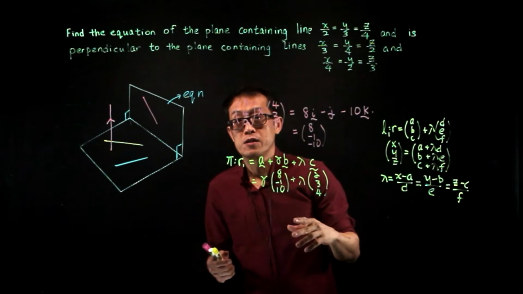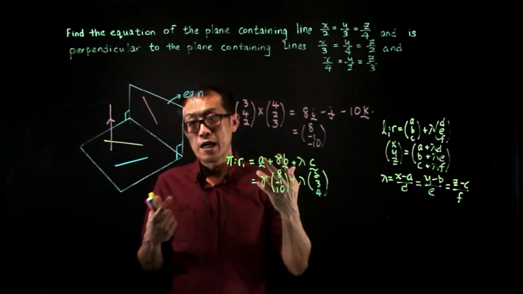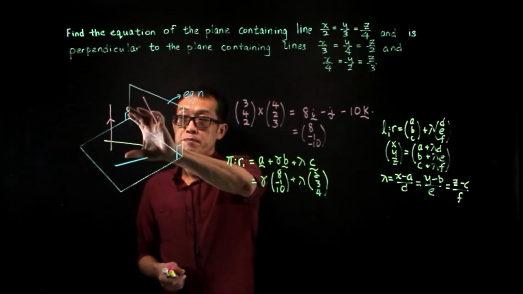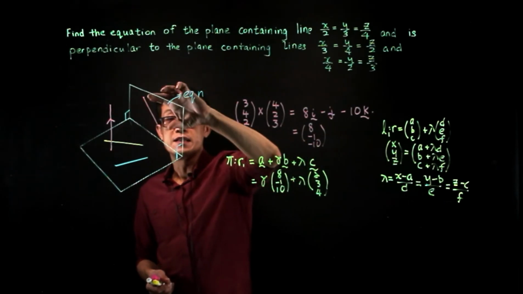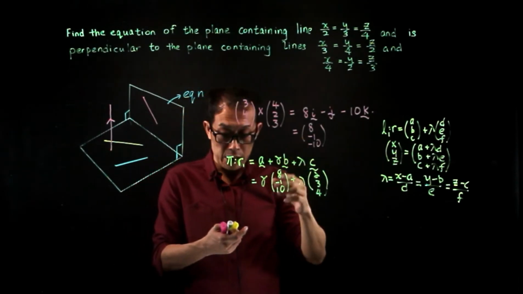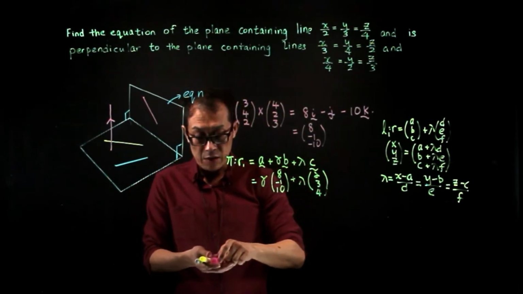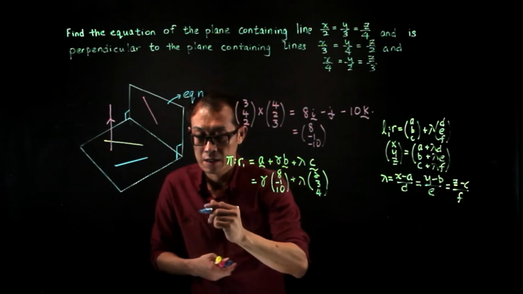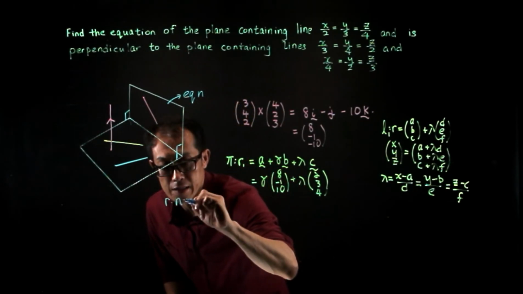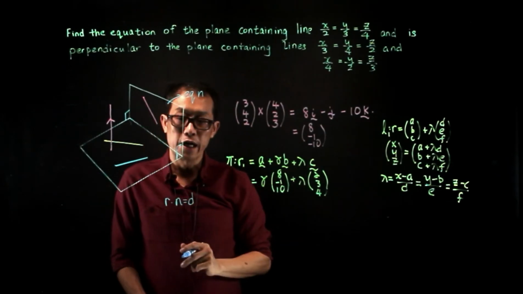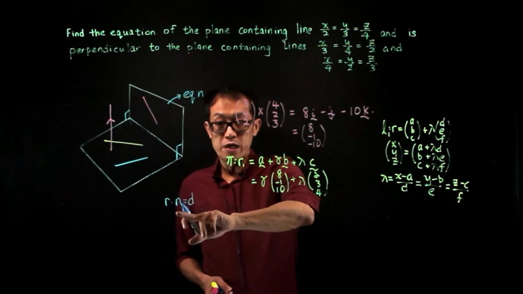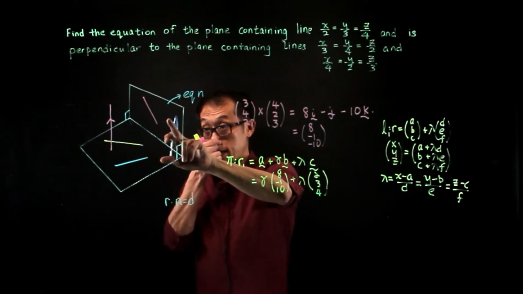Now, if they want it to be in the scalar product form, so now this is a vector that is parallel to the plane, and this is another one. To get the normal, because for the scalar product form you need the normal. The scalar product form is r dot n equals to D. Now, what is n? n is the normal to this plane.